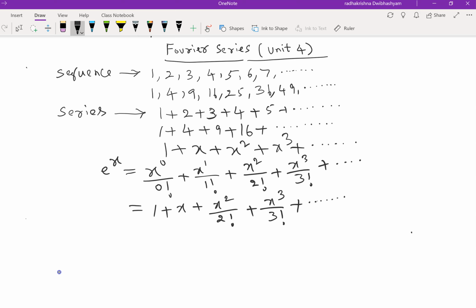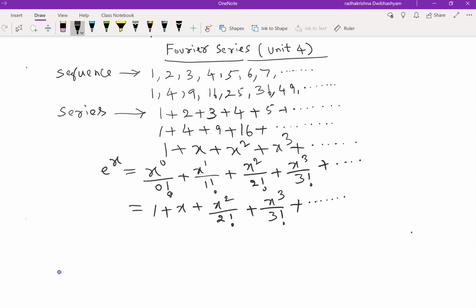How do you get this expansion? You are familiar with the procedure of Taylor series. Using that procedure we get this. You know the general formula of Taylor series. Using that general formula, we can expand any function in the form of an algebraic series.